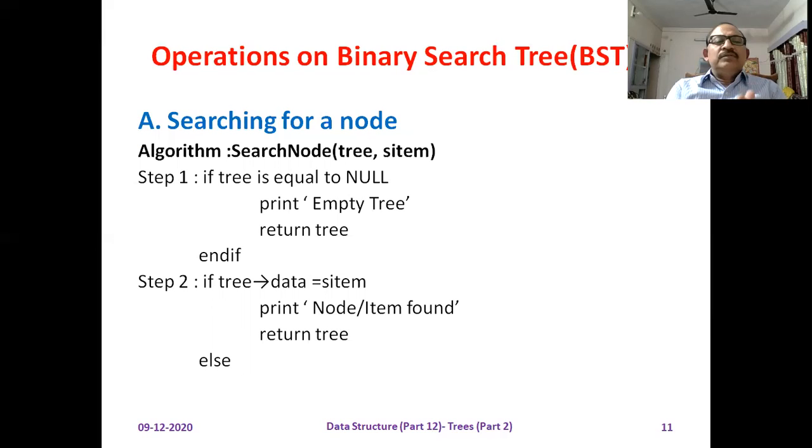Let us first see the algorithm. The name of the algorithm is search node. It has two parameters. First is the tree, and next is the search item, S item. Step one: if tree is equal to null, what will we do in this case? We simply give a message, empty tree, and return tree.